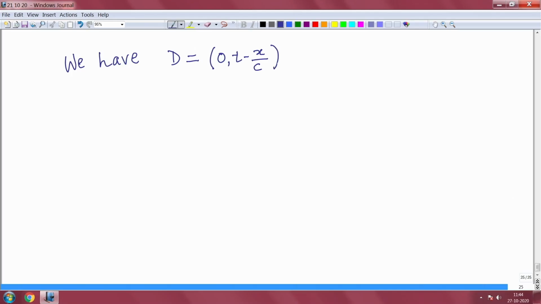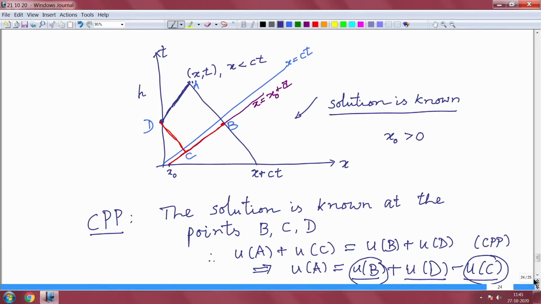Here the characteristics are straight lines, so you just have to compute the intersection of two lines. It is a little bit of work, but you do it. Let me change some notation here. Okay, that is D.